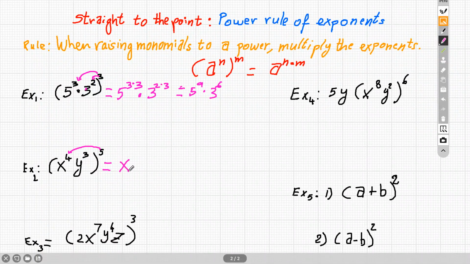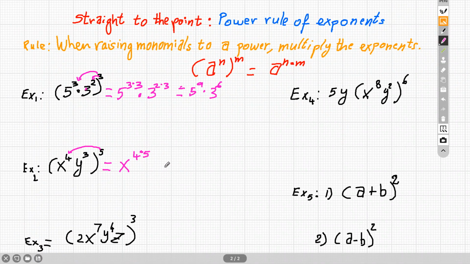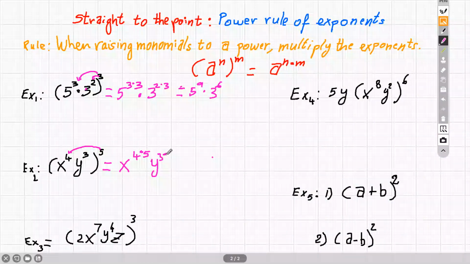So x to the power of 5 times 4. This is multiplication. And y to the power of 3 times 5.